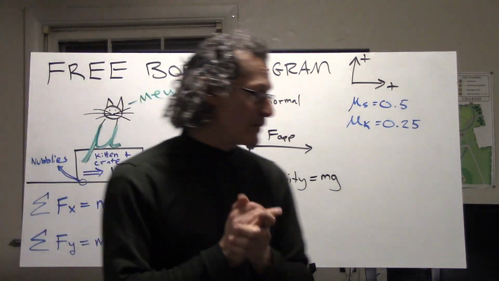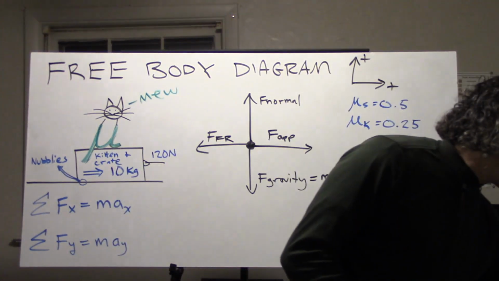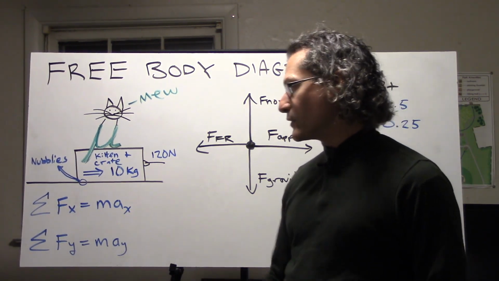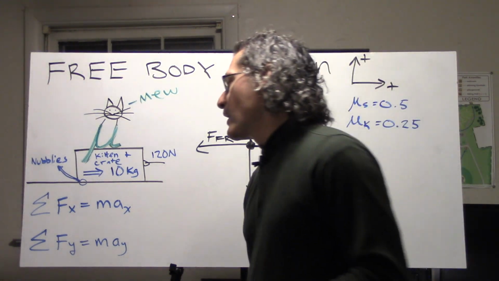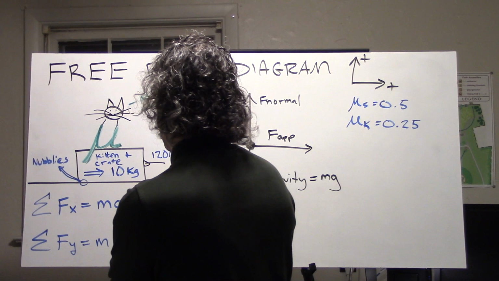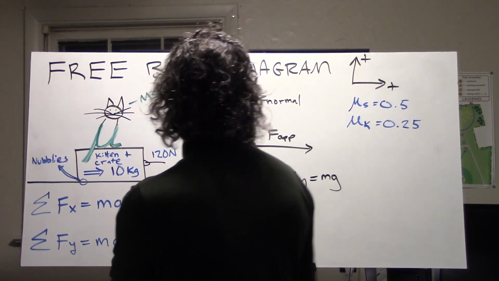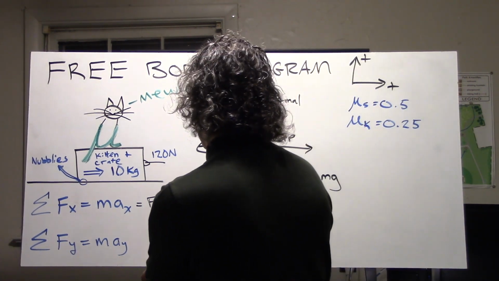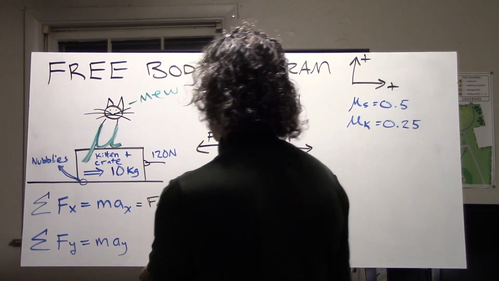So what we've got to do is actually write this out in terms of Newton's second law, which is the sum of the forces equals mass times acceleration in the horizontal direction, and mass times acceleration in the y direction. Let's take the horizontal case. Force applied is positive, so we'll put force applied down here, and the force of friction is negative, and that would be the case whether it's kinetic or static, so I'll just write it as minus force of friction.